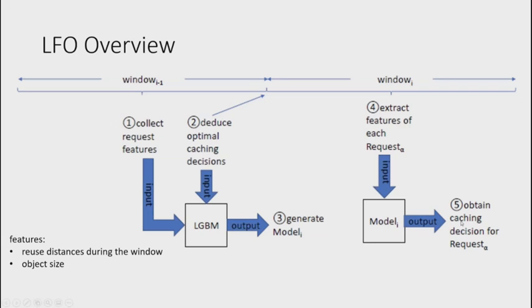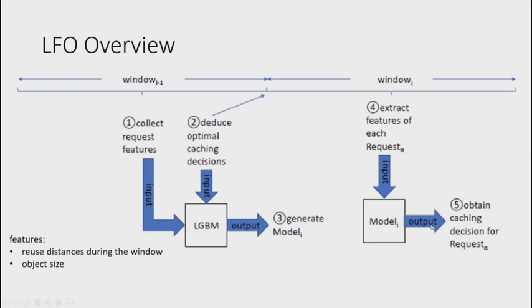The model produces the probability that the object will be requested again. The higher the probability is, the more likely that the object is going to be requested in the near future. So, if the probability is at least 0.5, LFO caches the object. Otherwise, it does not cache the object.